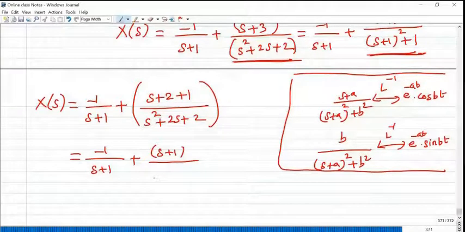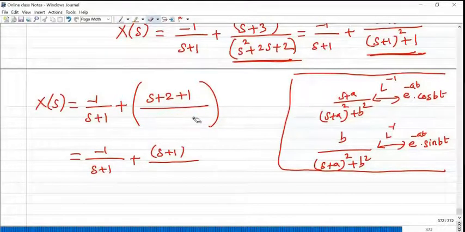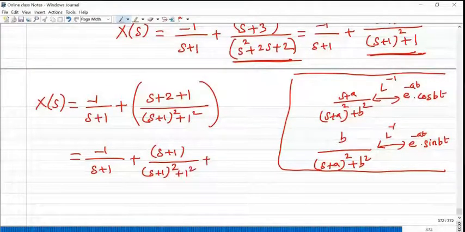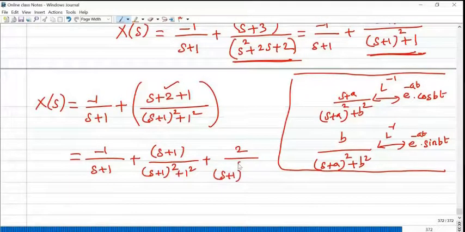So now I am doing this: s plus 1 divided by s plus 1 whole square plus 1 square, plus 2 divided by s plus 1 whole square plus 1 square.